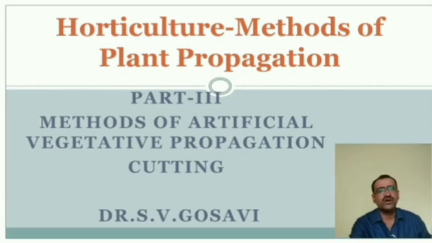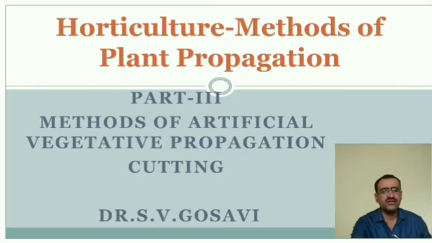The process of multiplication in which a portion or fragment of the plant body functions as a propagule and develops into a new plant or new individual is called vegetative propagation or vegetative reproduction.